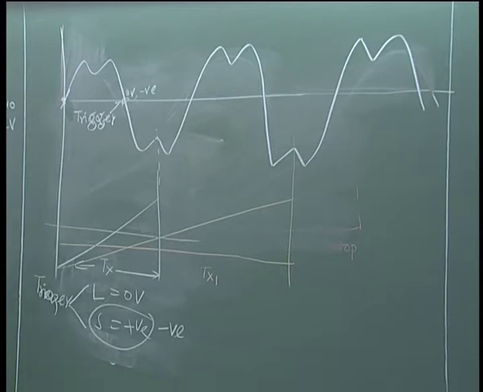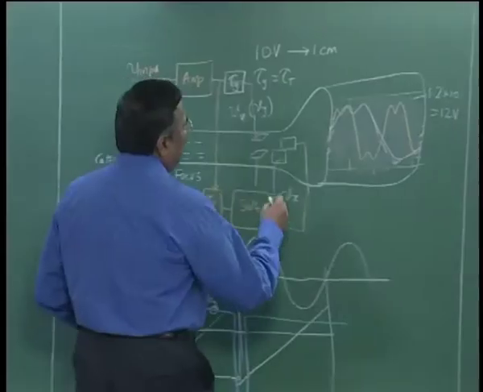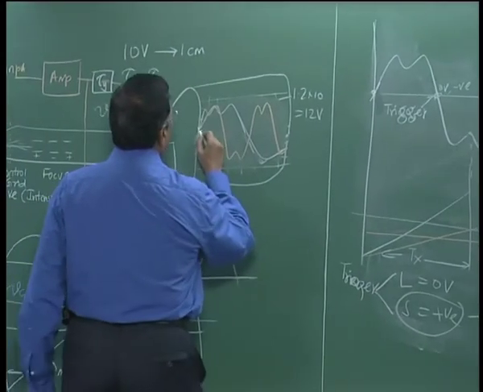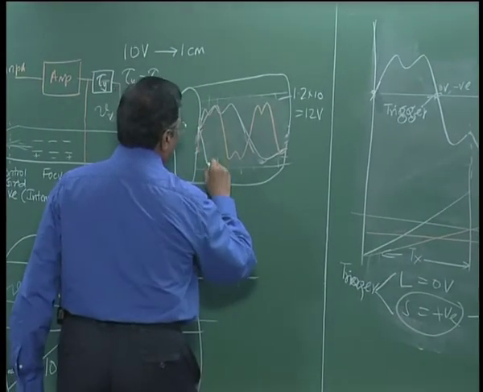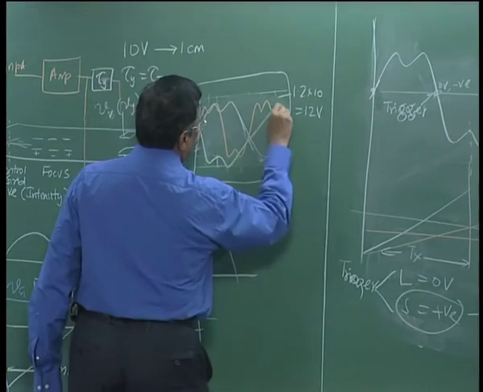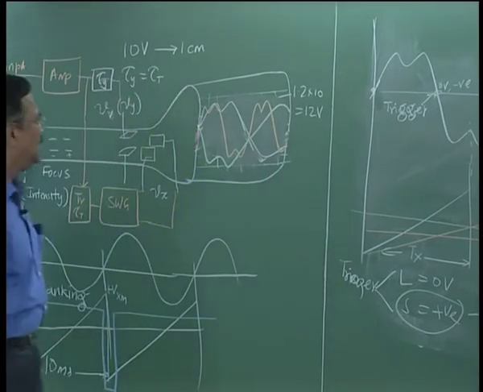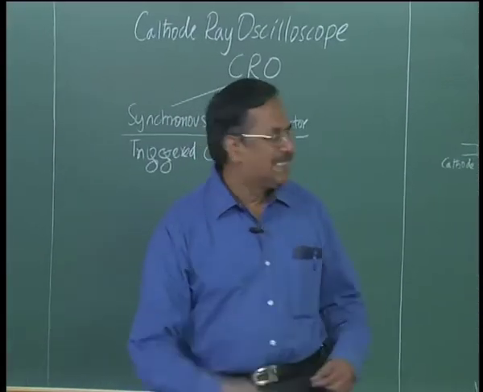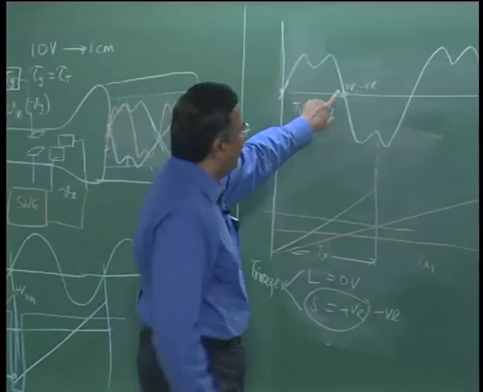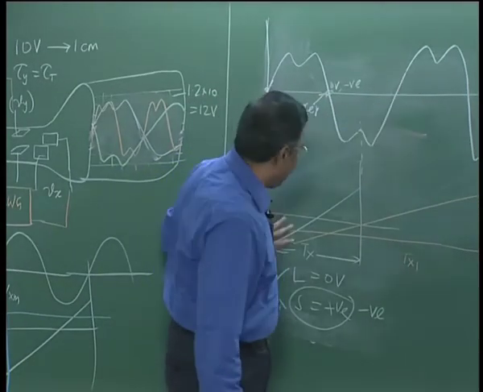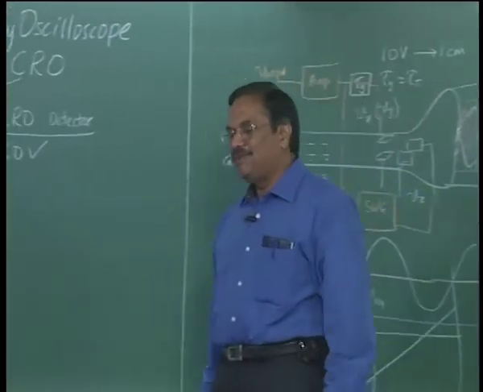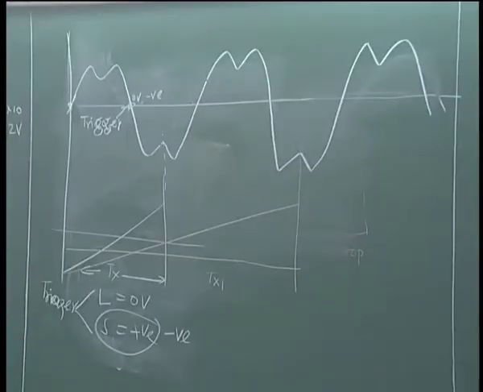So, the waveform that I would see, if I assume Tx1, would be something like this, right. The waveform that I would see would be starting from here, because my starting point is here. I will see whatever is Tx from this point and not from this point. So, the trigger level and the slope decide where my waveform starts on the screen, okay.